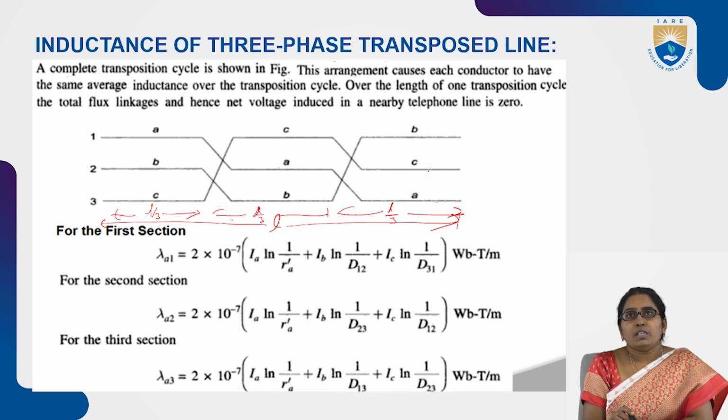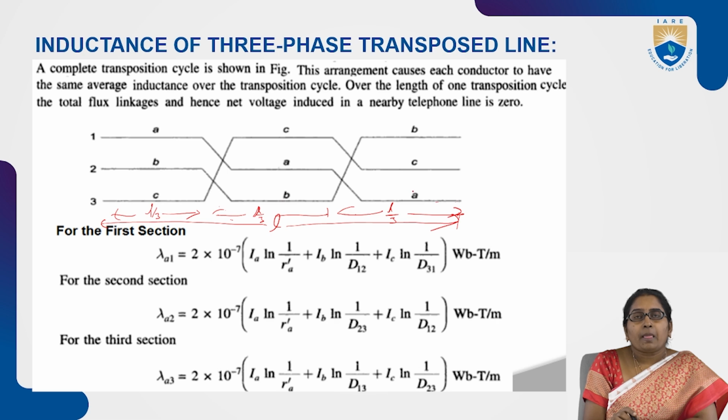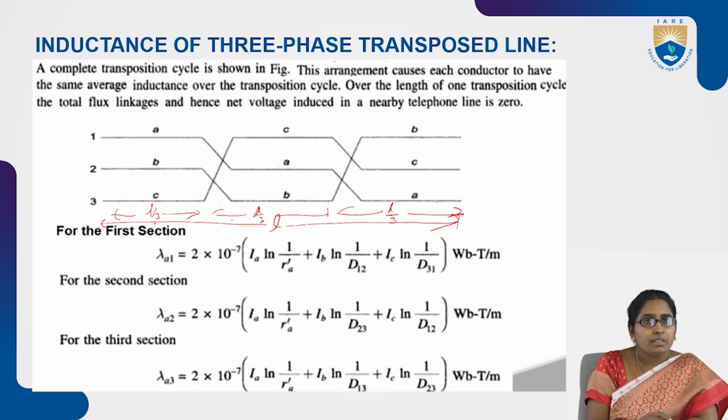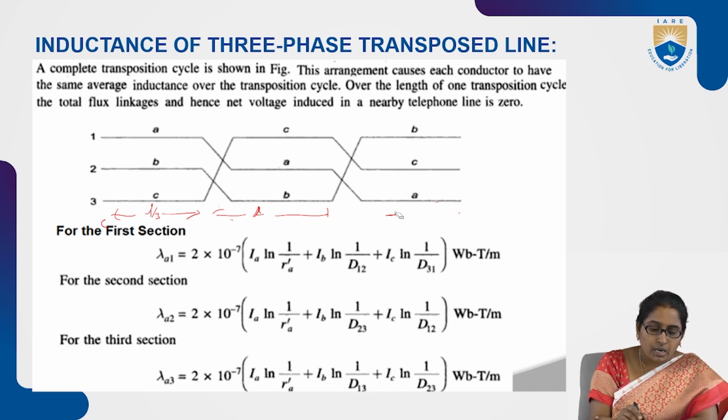That is what a transposed line means: each conductor takes all the positions of the line, and each position length is one third of the total length. If L is the length, then each position length is L by 3. I hope you understood. This is what a transposed line is.